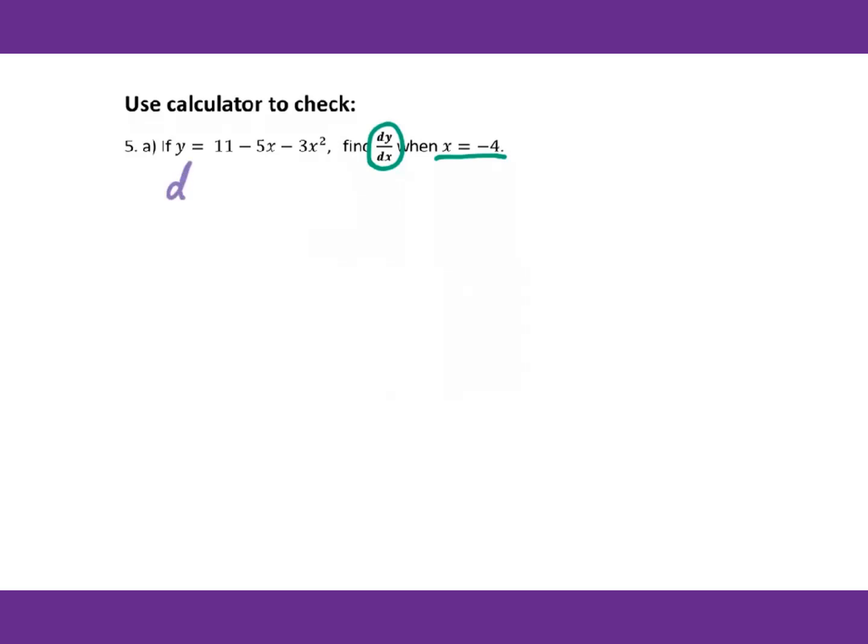So we get dy by dx equals 11 to the derivative, minus 5x to the derivative, minus 3x squared to the derivative. You will get, this is a 0. So we have negative 5.